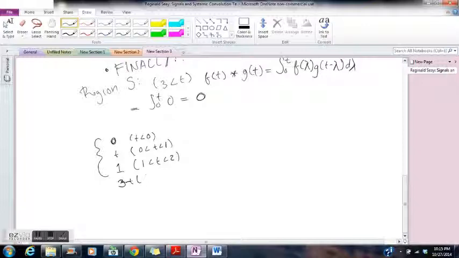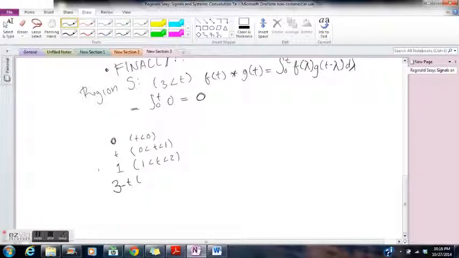Ooh, that's a nasty 3 minus t. Sorry about that, my handwriting just went crazy right there. Let's erase this bracket too. Alright, so rewriting that is 3 minus t. There we go, 3 minus t.